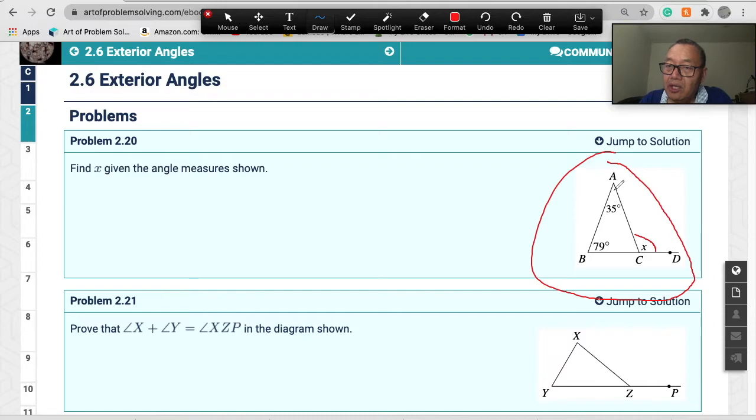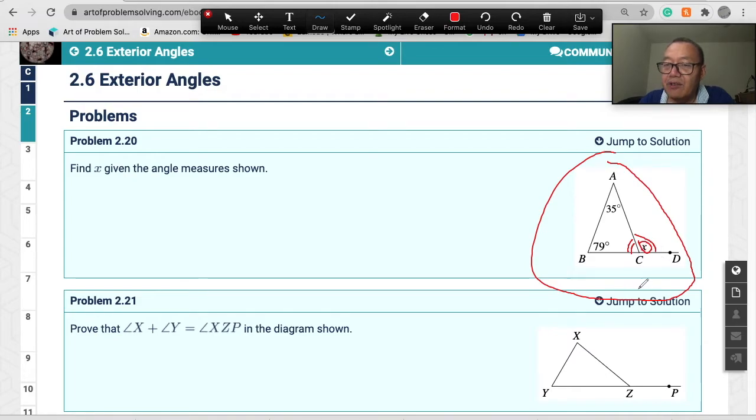Here ACB is called the interior angle of triangle ABC, right? Then ACD we'll call the exterior angle of triangle ABC at C. Then they ask you what this angle equals.